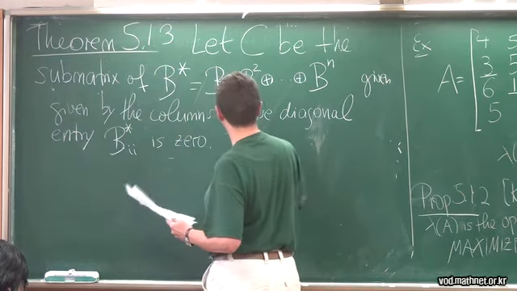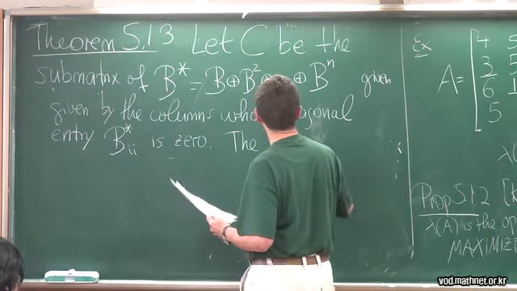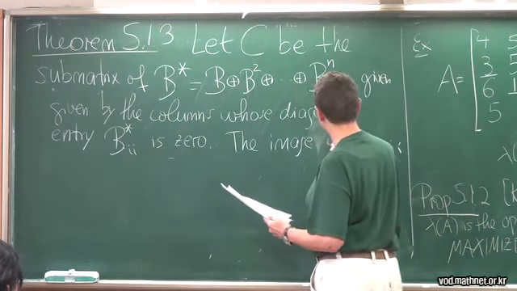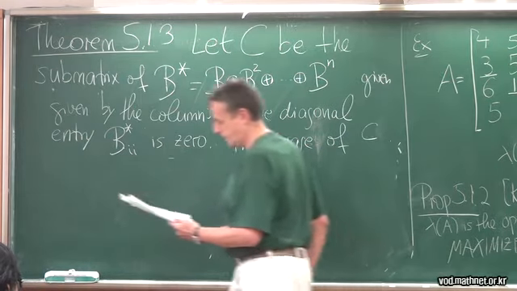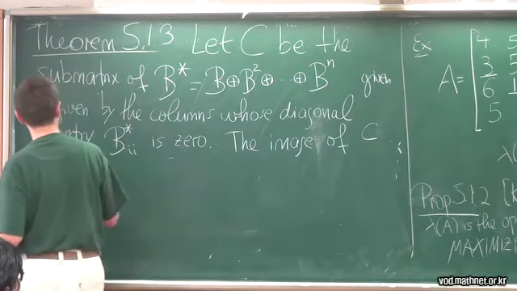The image of C is the desired eigenspace.